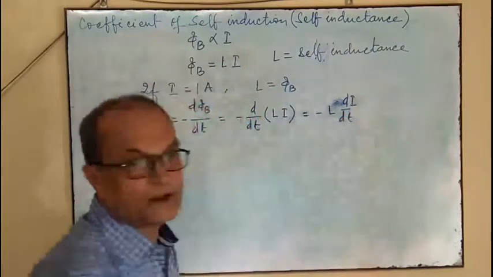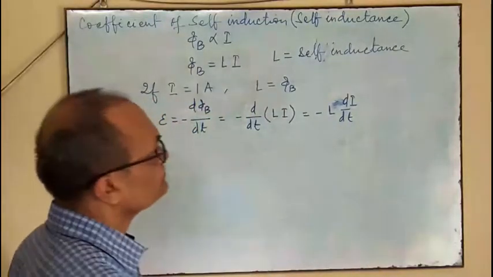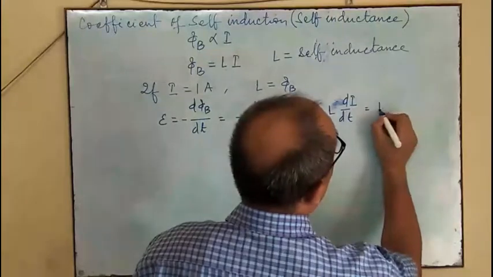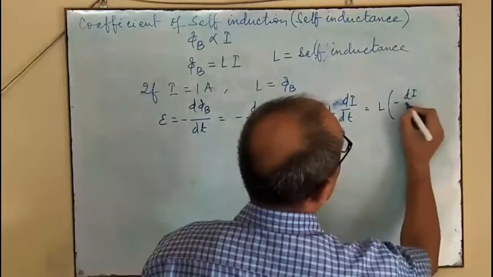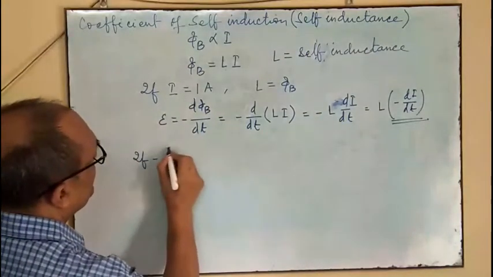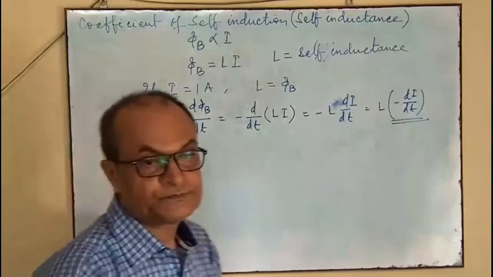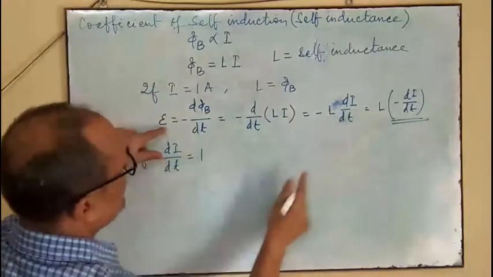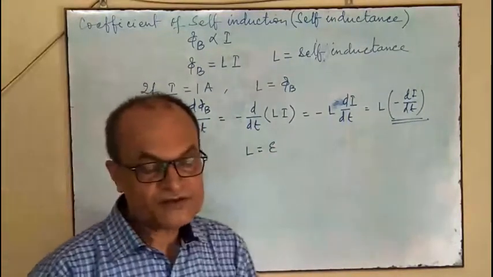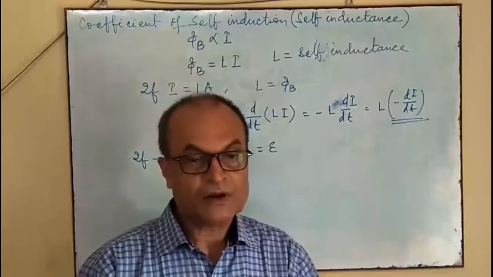This is the induced EMF in a coil. Now suppose this minus dI by dt equals 1, then L will be equal to epsilon, meaning self-inductance equals the EMF produced in that coil.